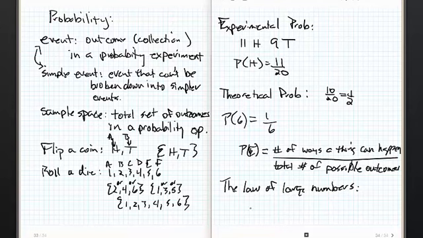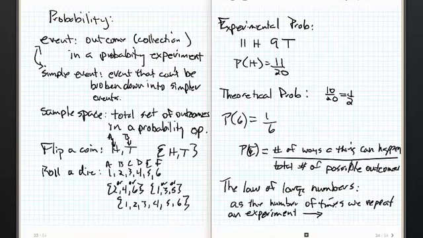And what this really says is that as the number of times we repeat an experiment, in this case rolling a die, gets bigger, so theoretically heads to infinity, we know that the experimental probability heads towards the theoretical probability.